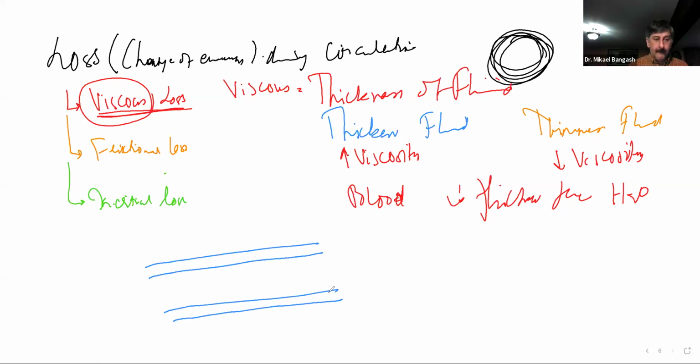In one straw we're going to push a fluid with a great viscosity, which is thick, whereas through the other straw we're going to transfer a fluid which has a lower viscosity, which will be thin.